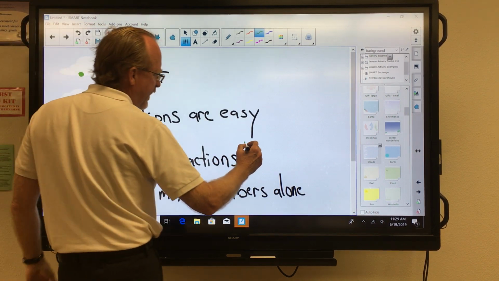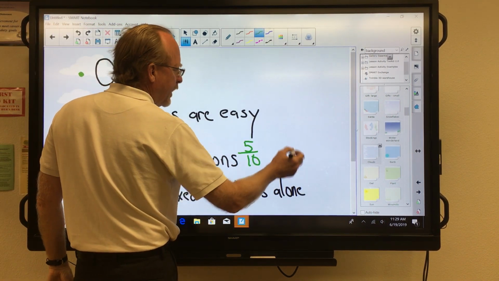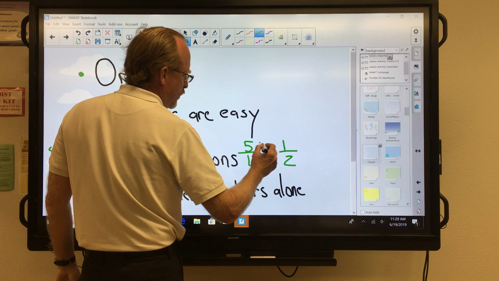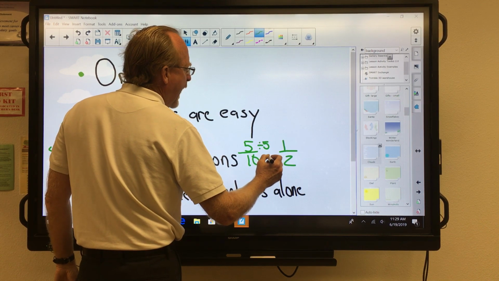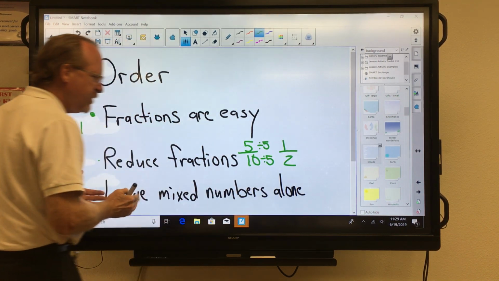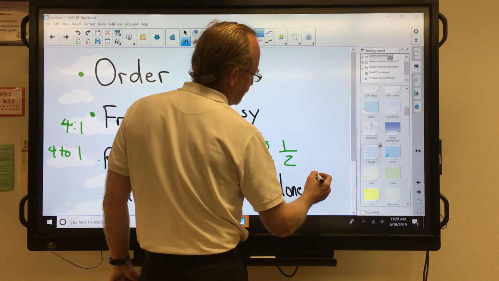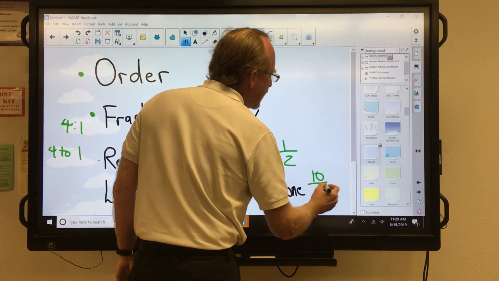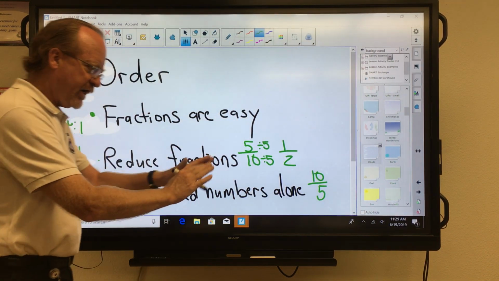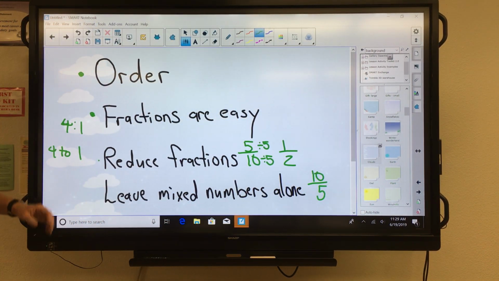For example, if you have 5 over 10, get it down. Do your simplification. However, if it's a mixed number, leave it alone. For example, if you have 10 over 5, leave that alone. Just write it out and be done with it. We want to see the ratio that's going on, so we don't want that reduced.